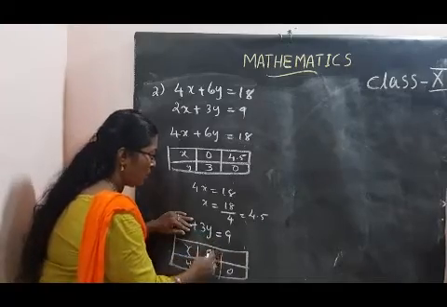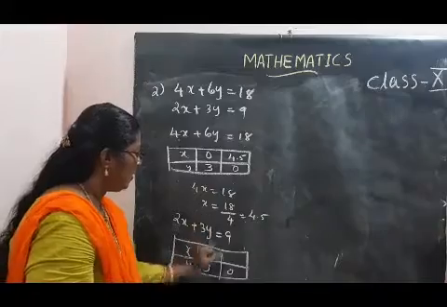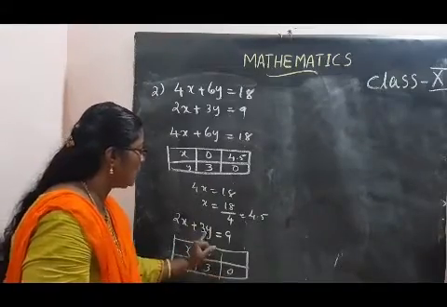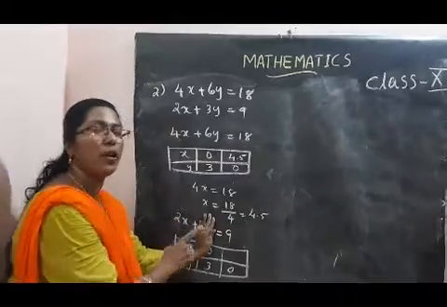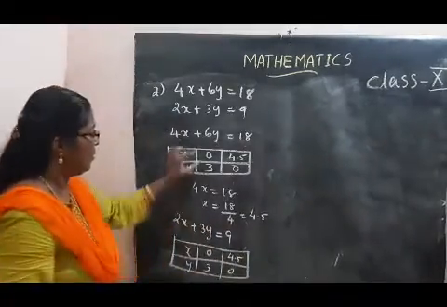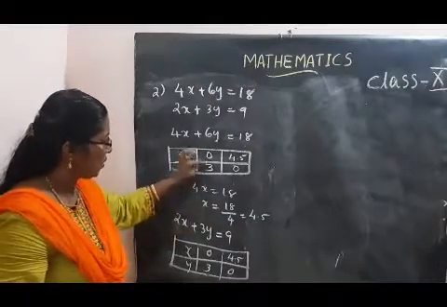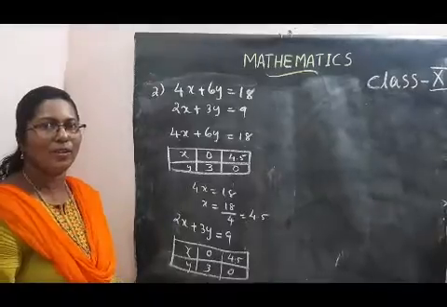What about the y value? The y value is 3. Then put the y value 0, this term is 0, so 2x equal 9, x equal 4.5. Both the points are (0, 3) and (4.5, 0).